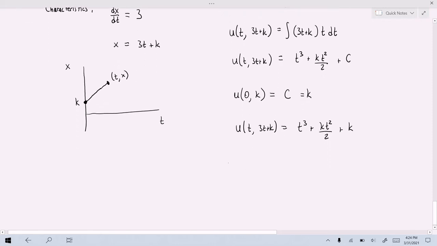And then finally, to get the answer in terms of t and x, I just need to come to the characteristic equation. We can say that k is x minus 3t. So replace k with x minus 3t.